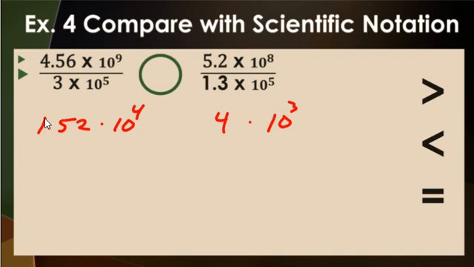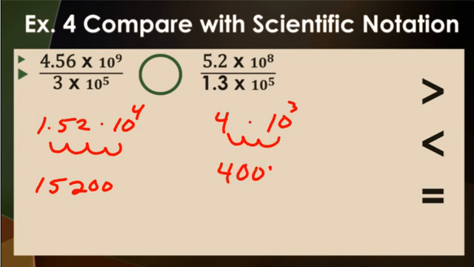So if I were to put this 1.52 times 10 to the fourth, I would just move it 1, 2, 3, 4 places. So it'd be 15,200. This one would be move it 3 places, which would be 4,000. So 1.52 times 10 to the fourth is greater than 4,000.